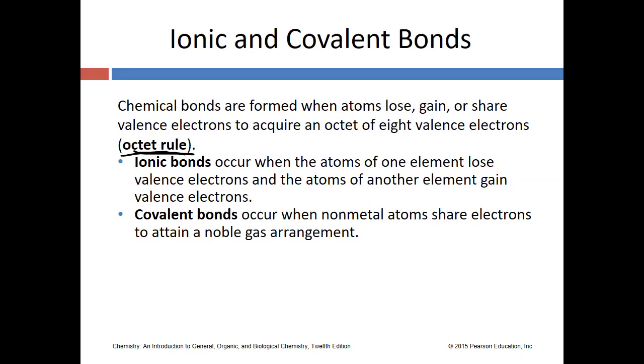But now, based on this idea of the octet rule, we can split bonding into two different forms. The first form of bonding, ionic bonding, is where atoms get to 8 valence electrons by transferring electrons between each other.